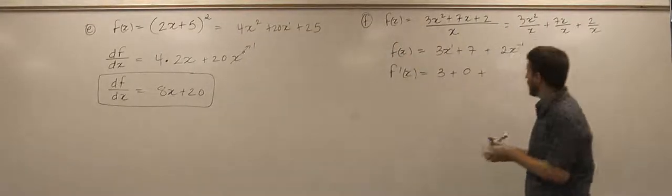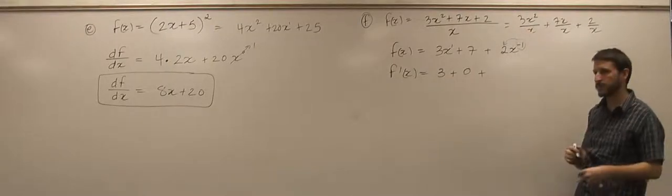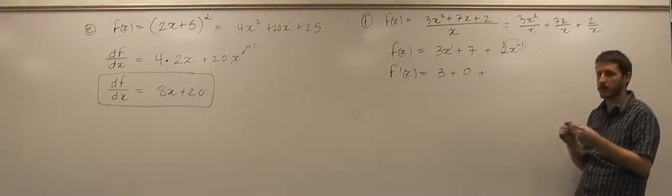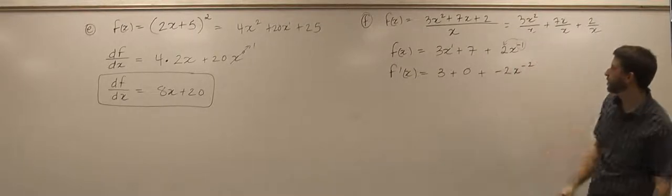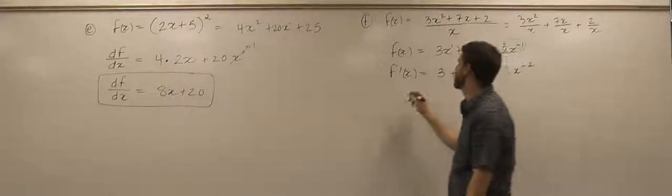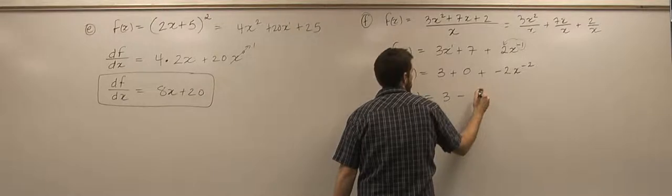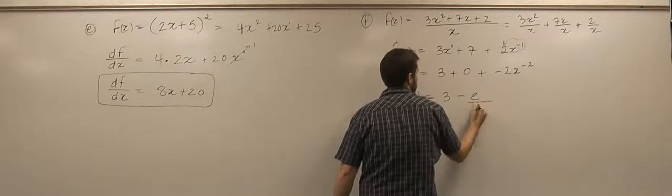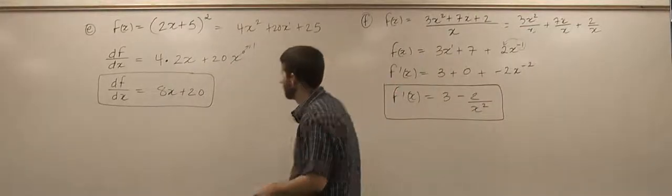This negative 1 is going to come down and multiply by the constant multiple, and then you have to subtract 1 from the power. So this will be negative 2x to the negative 2nd. So 3 minus, bring this guy back down. There's your derivative.